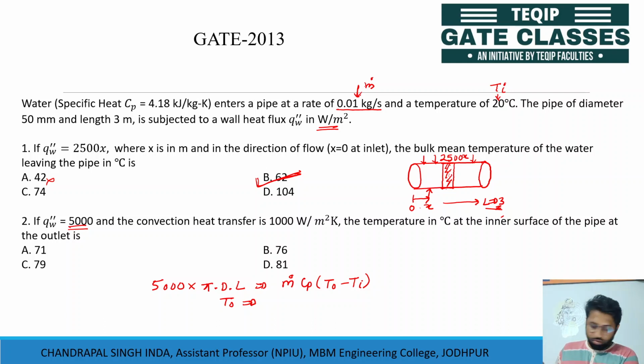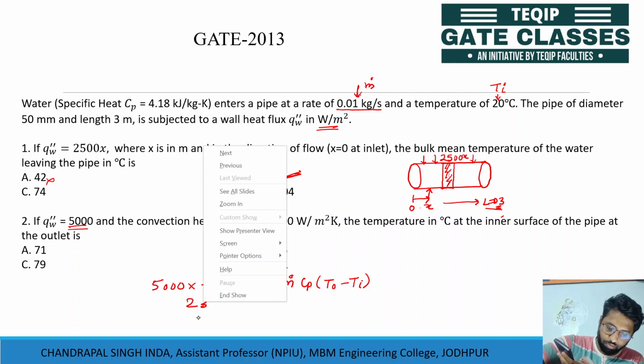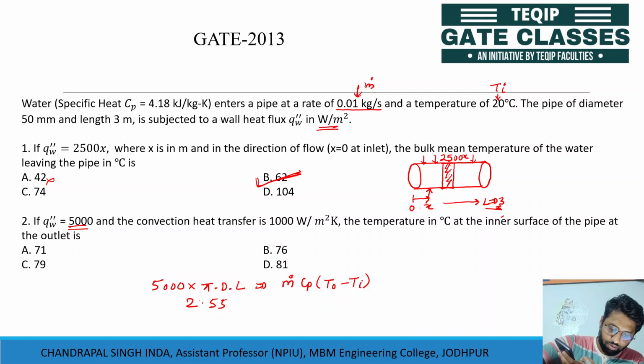So now in this case we will have 5000 into 3.14 multiplied by 50 multiplied by 3 divided by 1000. Here we will have 2355, divided by the mass flow rate 0.01 divided by 4.18 divided by 1000.